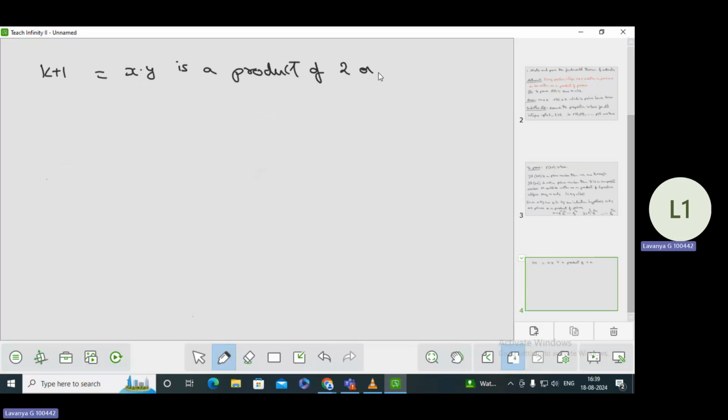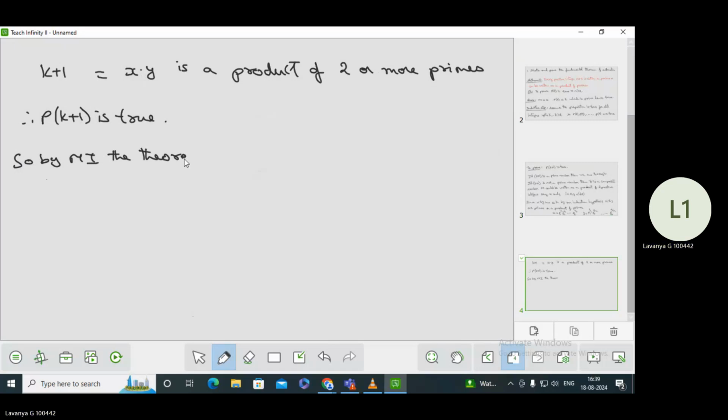Therefore, P of k plus 1 is true. So, by mathematical induction, the theorem is true for all n greater than or equal to 2.